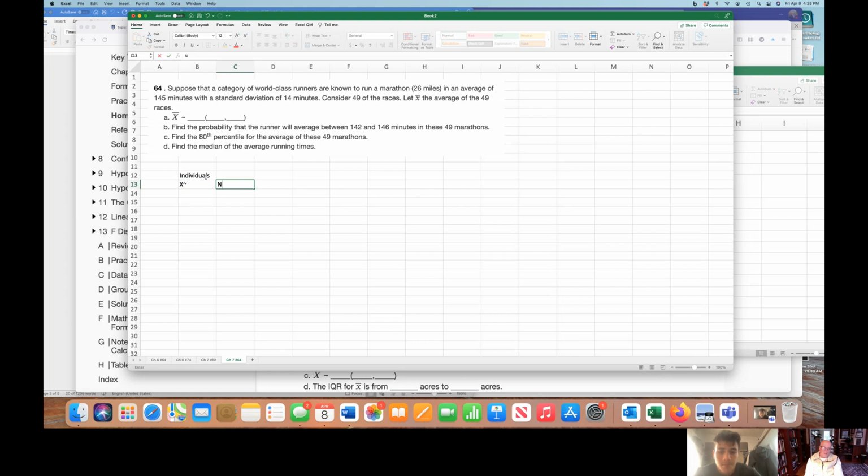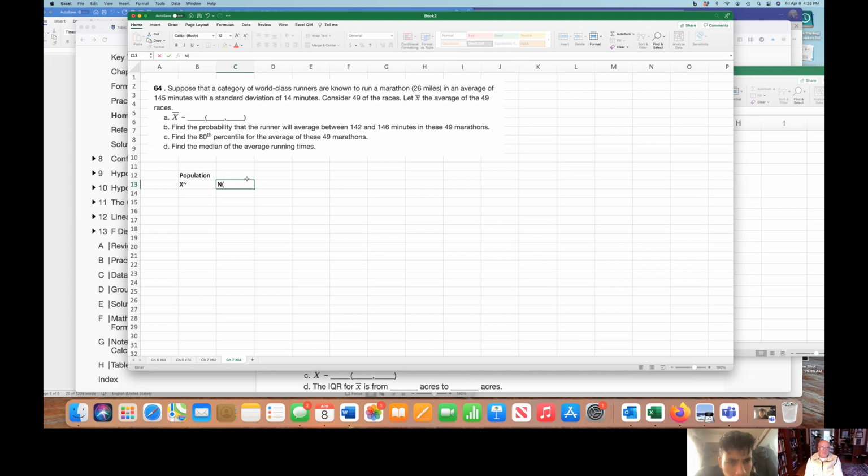Individuals, or in the population, let's put it population. Might be easier to say it that way. Population is normally distributed with what? Let me give it to you right there in the first sentence.